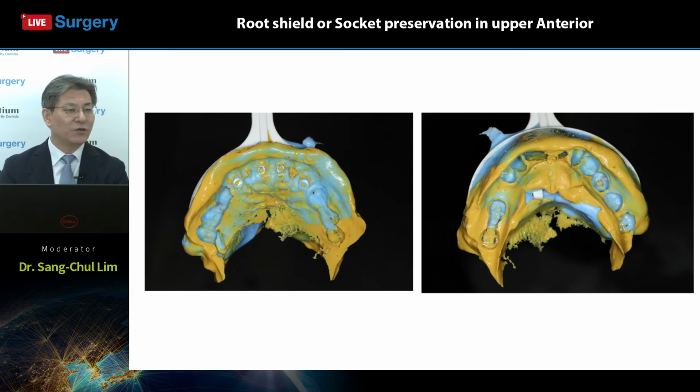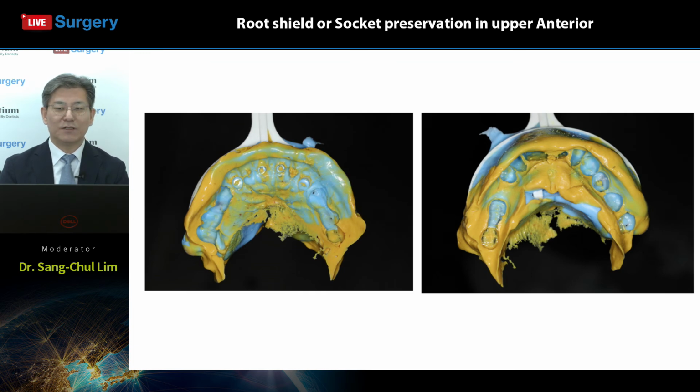So moving to the model scanner, this model scanner is a popular device in your laboratory. Everybody has these scan devices in your laboratory.